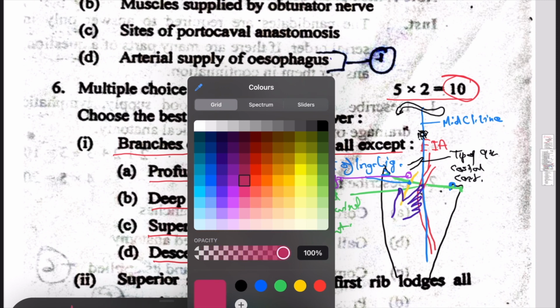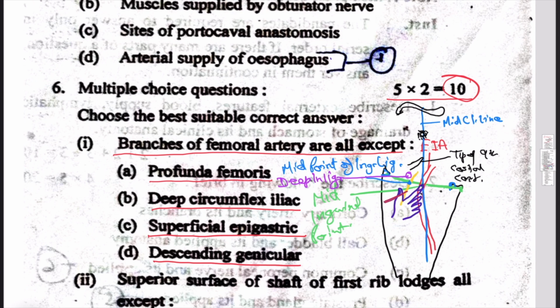Yes, it is here that you will give local anesthesia for femoral nerve block. So you can block this femoral nerve at this point.